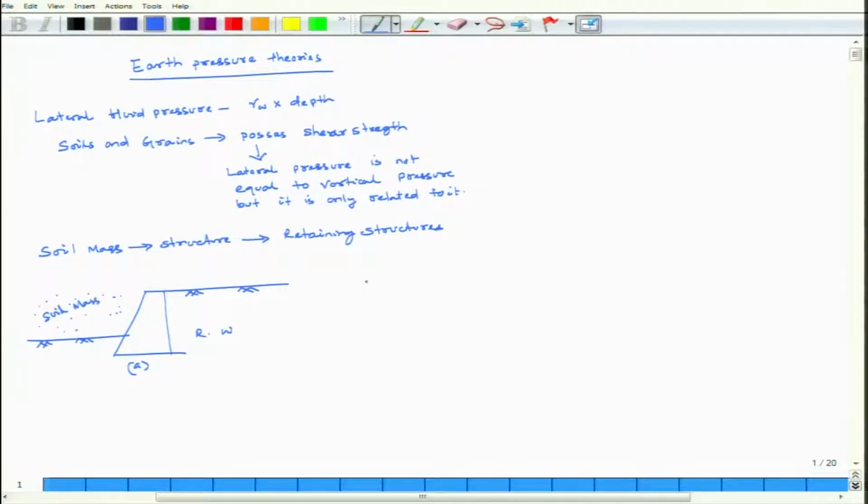Second one, for example, take this braced cut.